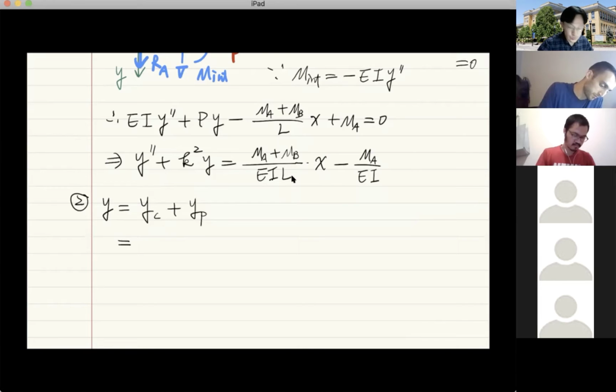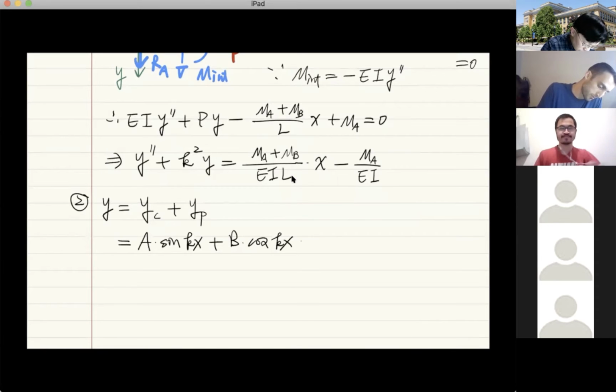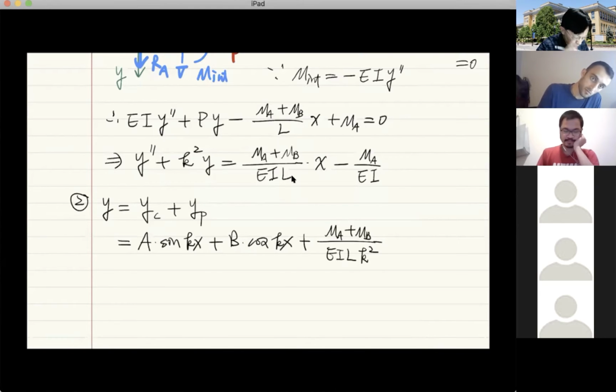The first one is sine and cosine, and that is A times sine KX plus B times cosine KX, which is YC, plus YP: MA plus MB over EIL K squared, which can be simplified by P, times X minus MA over EI over K squared.